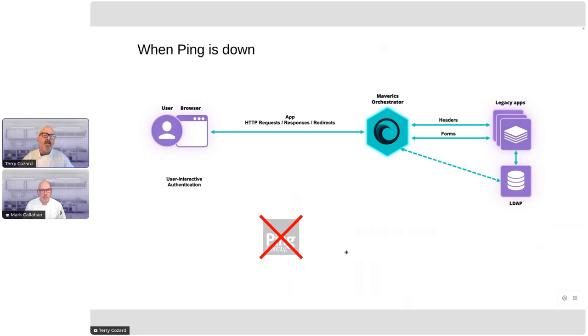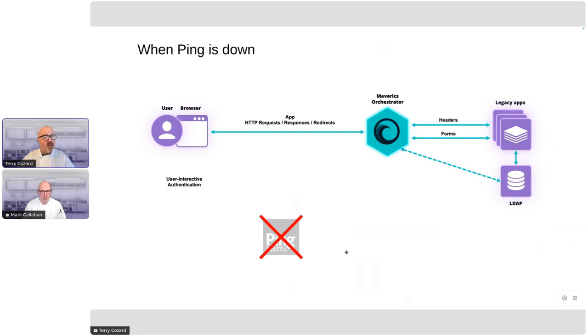But for whatever reason, if a rainy day scenario happens, we can automatically detect that and automatically fall back to whatever makes sense for that organization. In the demonstration, we're going to fall back to an LDAP that happens to be reachable from the critical system, but it could be anything. It could be a different region of Ping. It could be a different technology entirely. You might go to some other IDP in a break glass scenario.